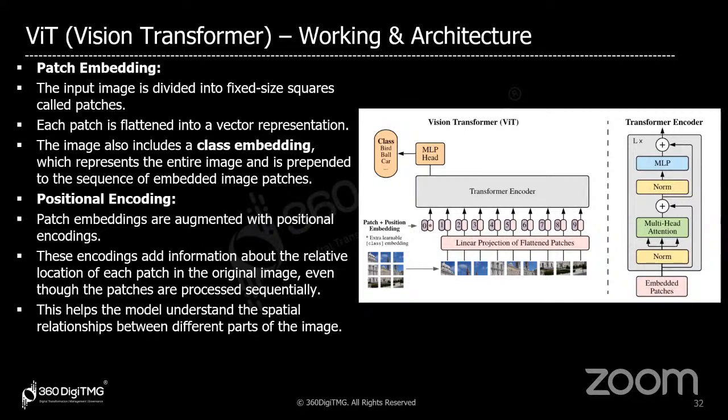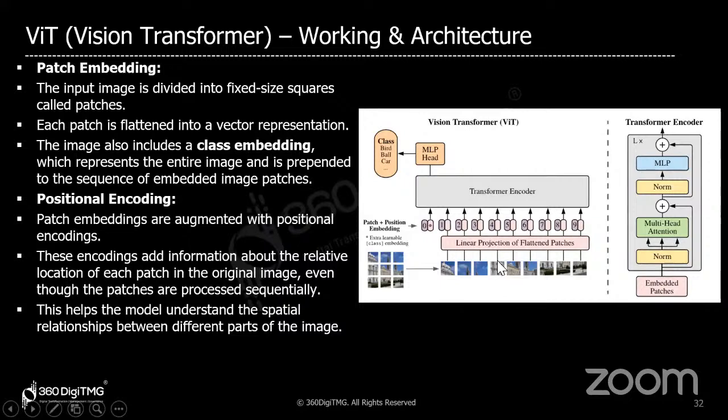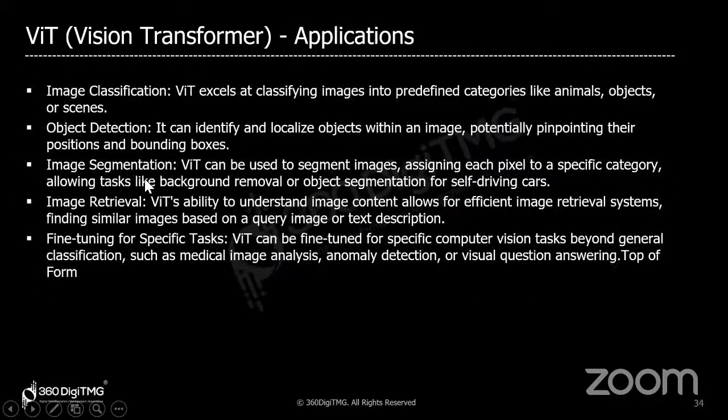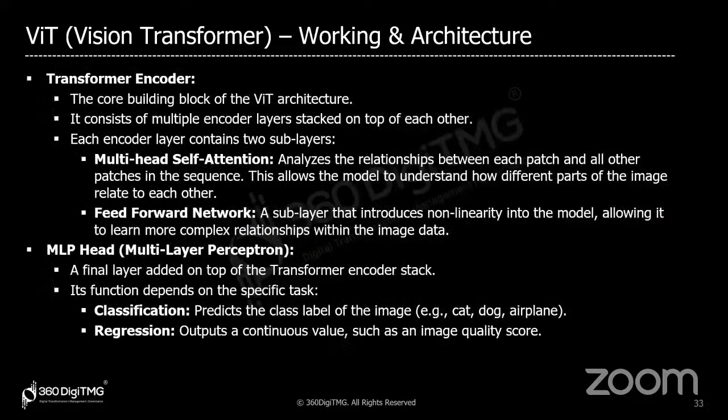Even though the patches are given sequentially, we augment them with positional embedding so that the model can understand the spatial relationship between different parts of the image: what is the first part, second part, third part, fourth part, likewise.